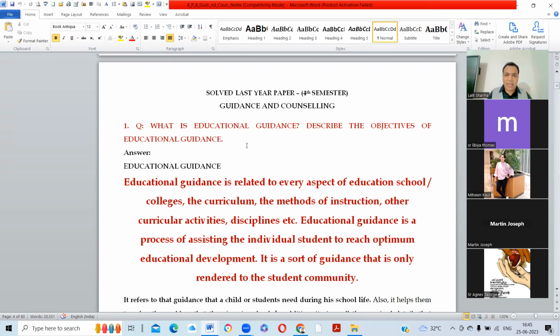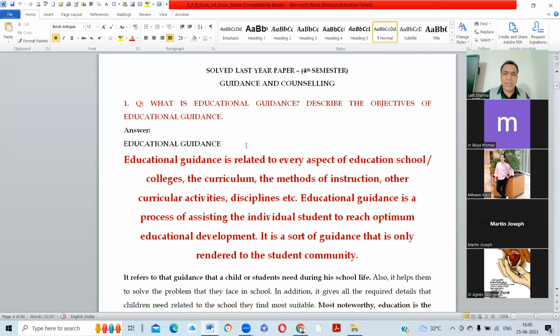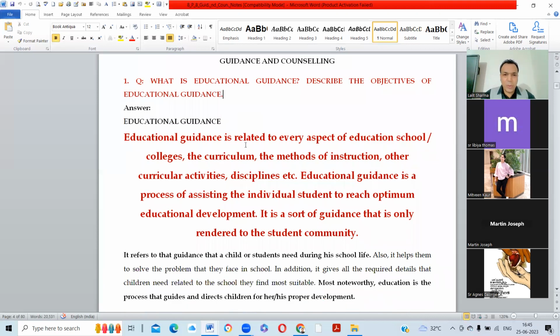Guidance means whatever information you have given to the student, you have to observe whether the student has grasped it or not, and whether the student has implemented that information or not. This is called guidance, right? So educational guidance talks about everything related with education, right? The important points I have highlighted and colored red so that you can come to know the concept of the particular topic.